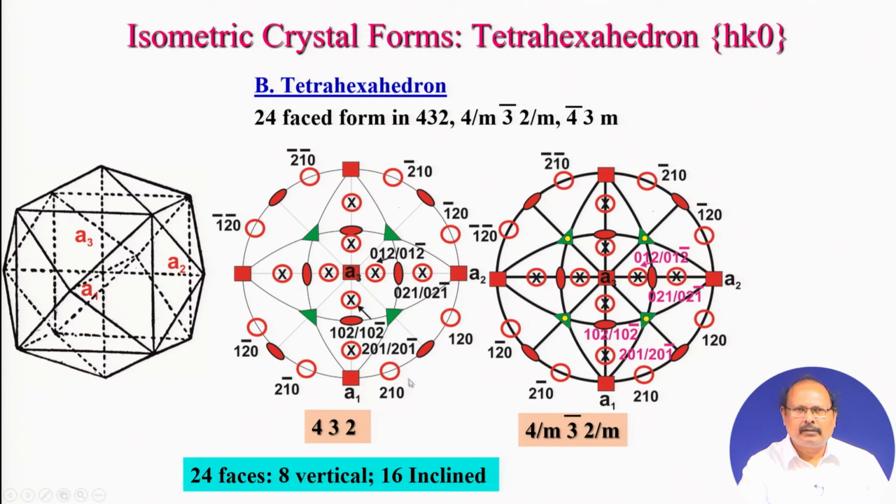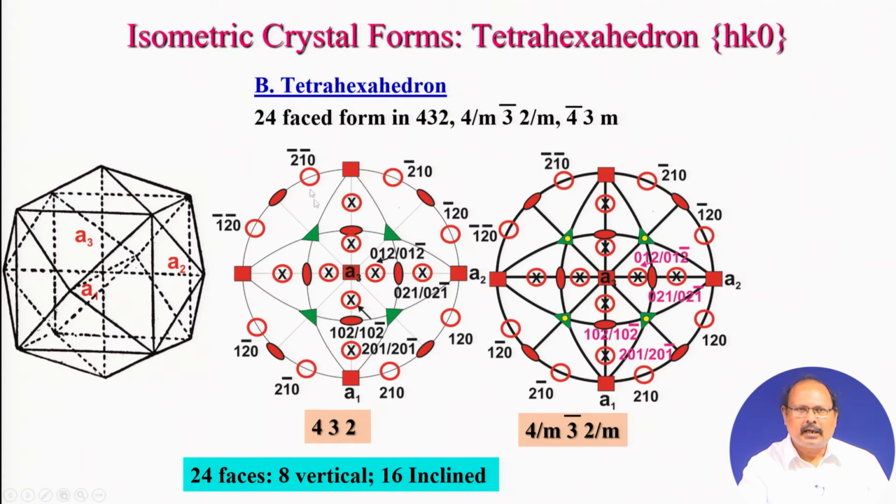Now, if we start with 4 3 2, you have these 3 4-fold axes of symmetry. This is the vertical 4-fold axis, which is also the A3 axis, and this is the horizontal 4-fold axis, which coincides with the A2 axis, and this is another horizontal 4-fold axis, which coincides with the A1 axis.